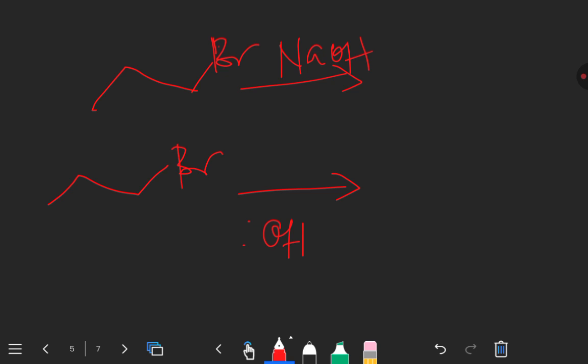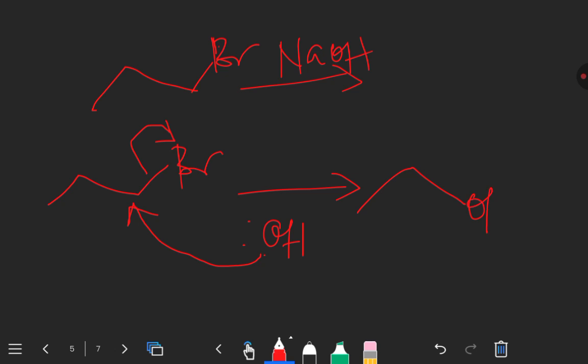Because the oxygen has lone pairs of electrons, this nucleophile is going to attack this carbon there, which is bonded to bromine. At the same time, this bromine is going to leave. So this happens at the same time. The nucleophile attacks, and once it attacks this carbon, the bromine is able to leave.